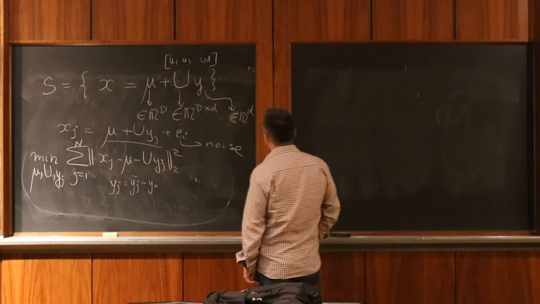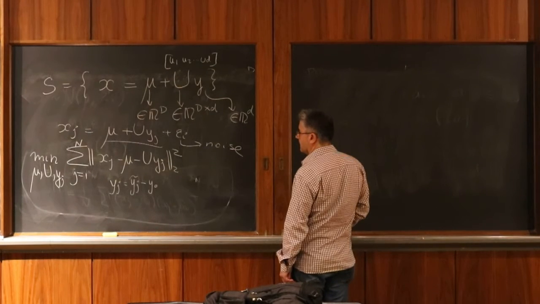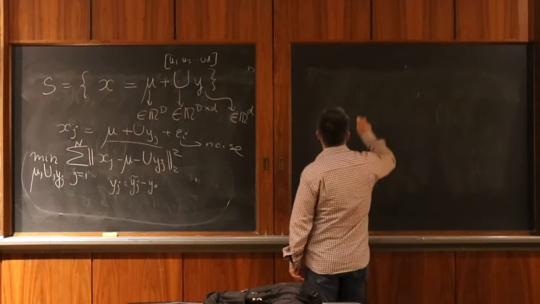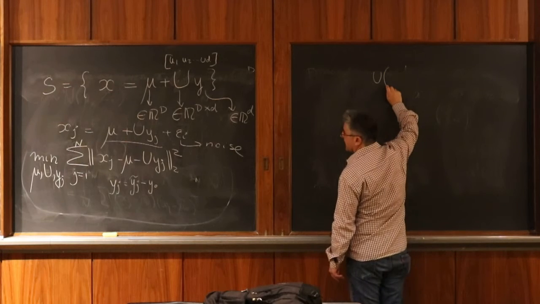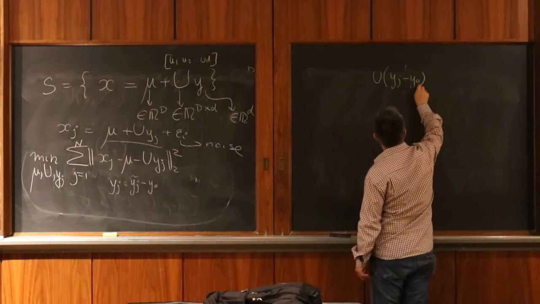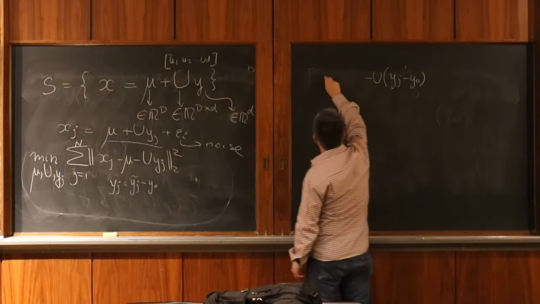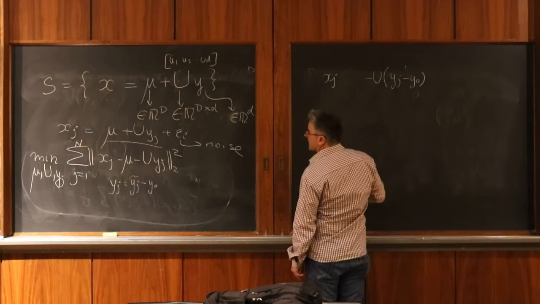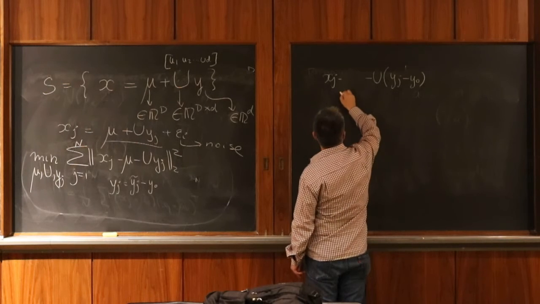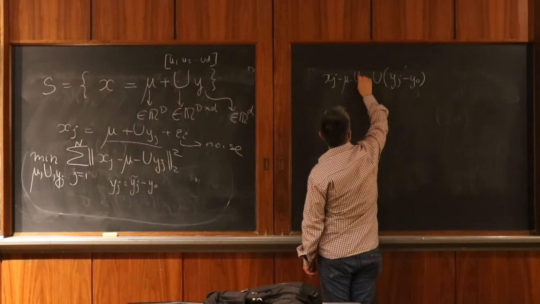What happens if I do that? Well, what happens is the following. Instead of mu and instead of yj, I can put yj minus y naught, and there is a minus there, and I've got xj, right? And if I now do minus mu, and then minus u times y naught.